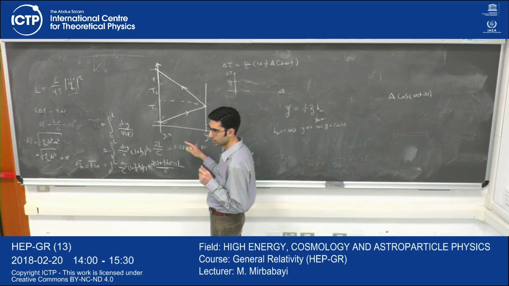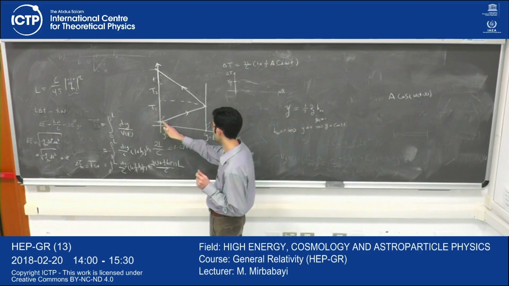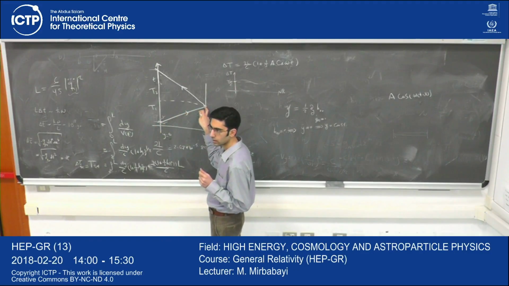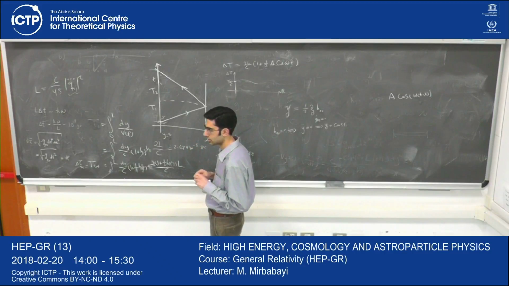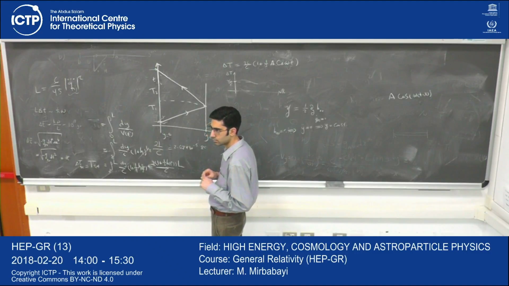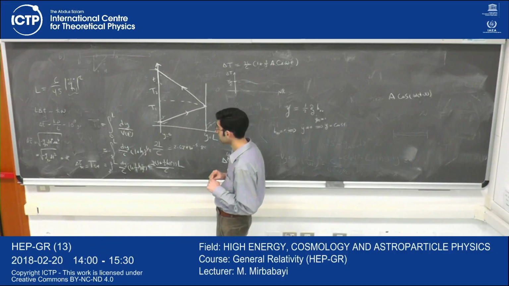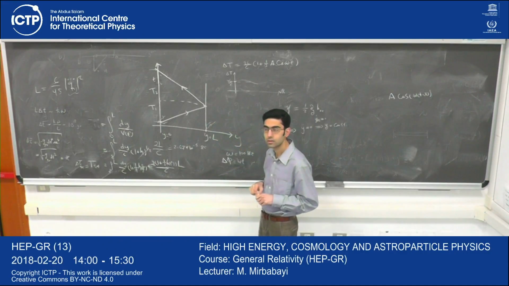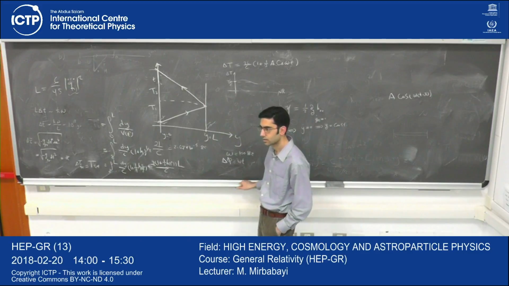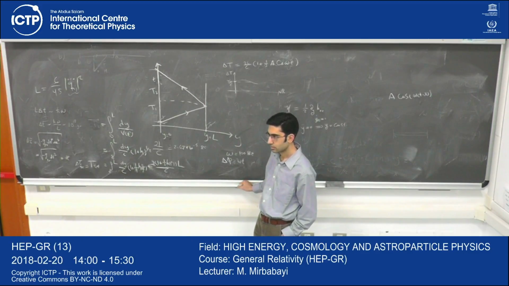The time it takes for the photon to go from here to there is going to change in the presence of gravitational waves. And then from here to infinity it would be the same as before. But then you're saying that from infinity you would see that the distance changes because of this calculation.